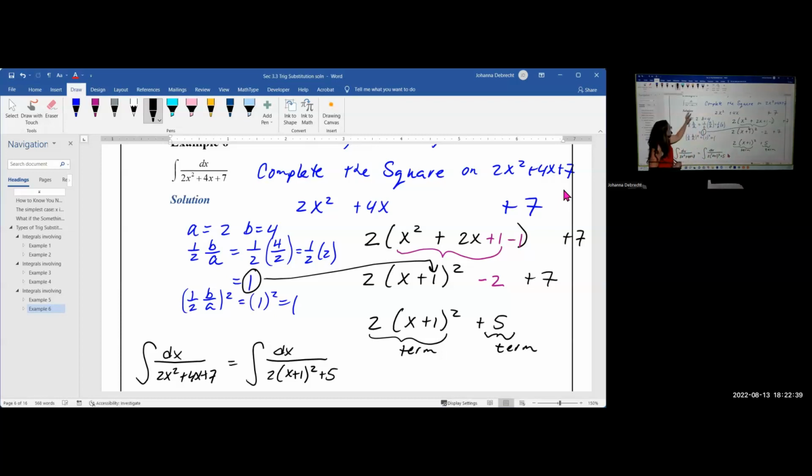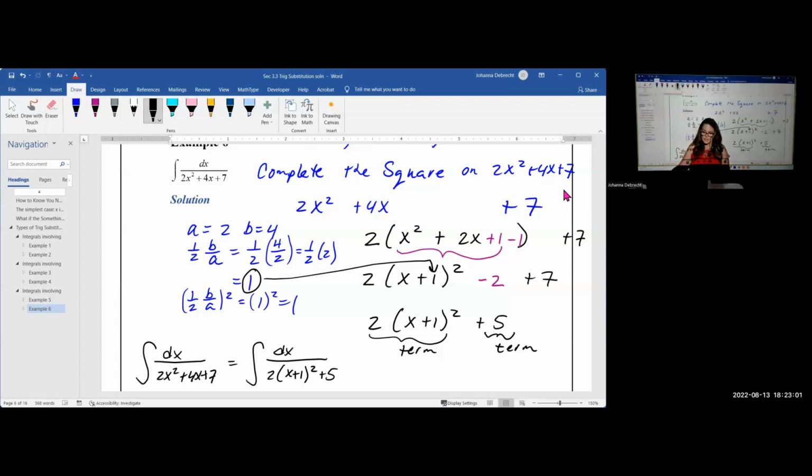So I've gone from 3 terms here in the denominator to 2 terms. Now it does look like something that I can use that Pythagorean pattern on, something squared with the variable and a constant. Yes, I've got a 2 here, so I'm going to have to use a square root of 2.